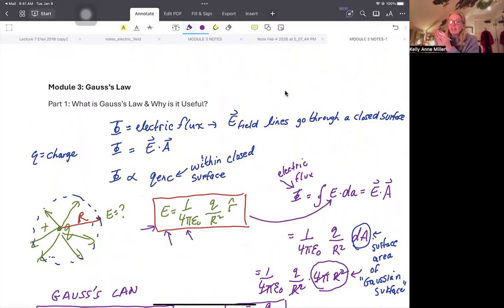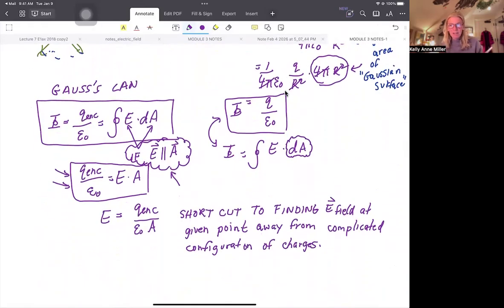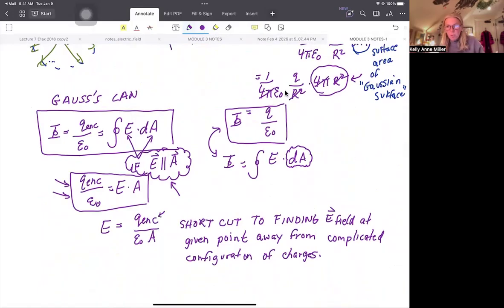It involves adding up all of the vector components of each individual charge that contribute to the field, or manipulating some sort of symmetry and setting up an integral, which is what I showed you last week. But both of those are not easy, right? This little shortcut is much easier because all you need to know is the Q enclosed.